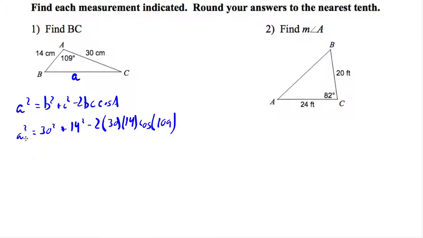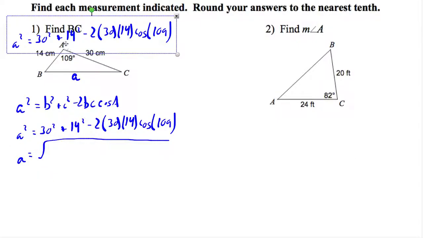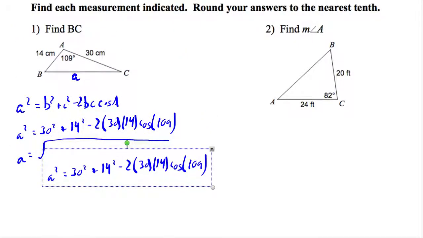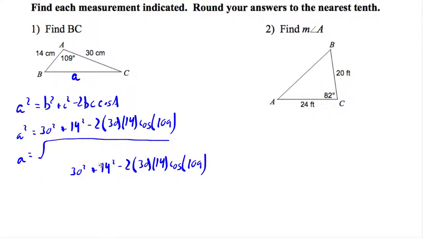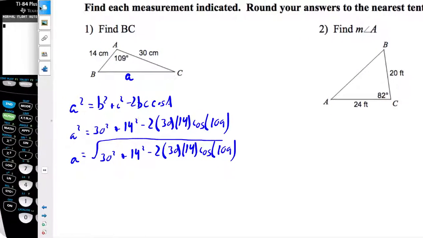And the nice thing is, we can just do a is equal to the square root of all of this. It'd be nice if we could do that in a notebook, right? So we're just going to use our calculators.